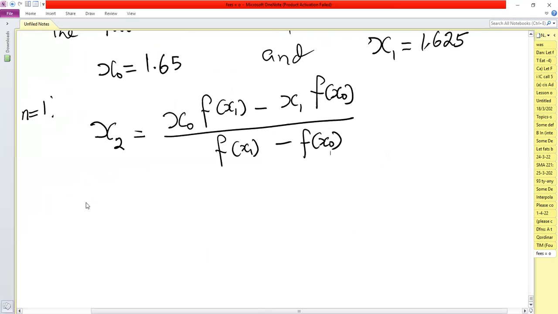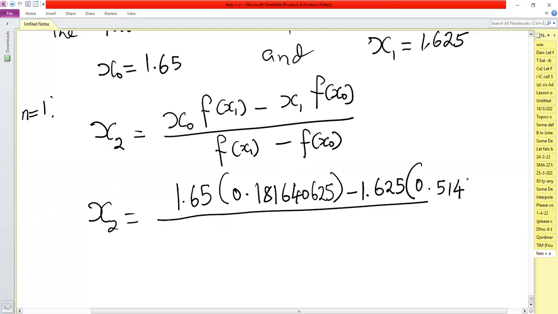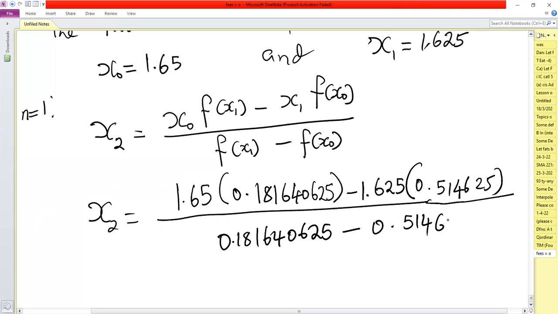So with this, x2 will be given by x0, which is 1.65, and then f of x1 is 0.181640625, minus x1, which is 1.625, f of x0 is 0.514625, divided by 0.181640625 minus 0.514625.